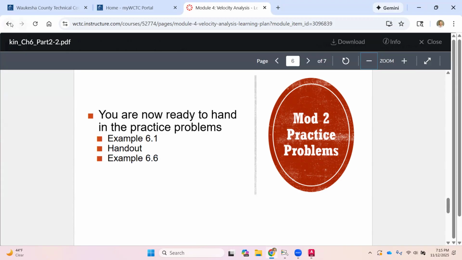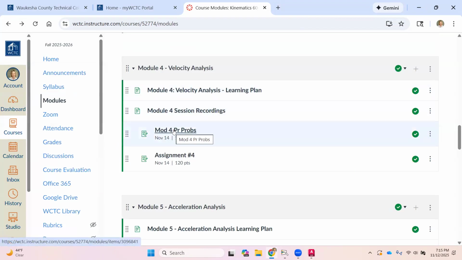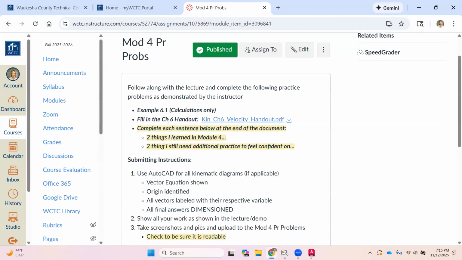So if we go back to learning plan number 4 and look at the practice problems, you're just handing in 6.1, the handout, along with the 2 screenshots for the last 2 examples that we did. Additionally, don't forget to answer the questions here. You guys have been good about this, and I do appreciate that.